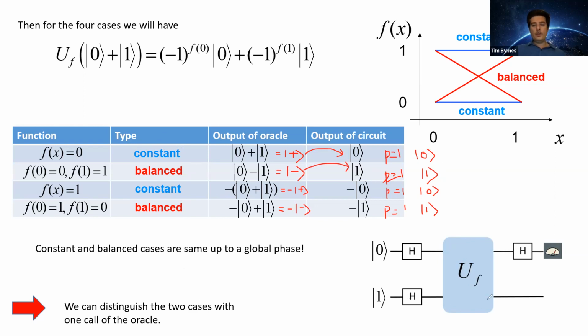We only used it once. Yes, we put a superposition into it, but in terms of how many times you had to use it, it's only once. And you managed to distinguish between the constant and balanced cases with only one call of this. And so, voila, that's Deutsch's algorithm. Any questions at this point?